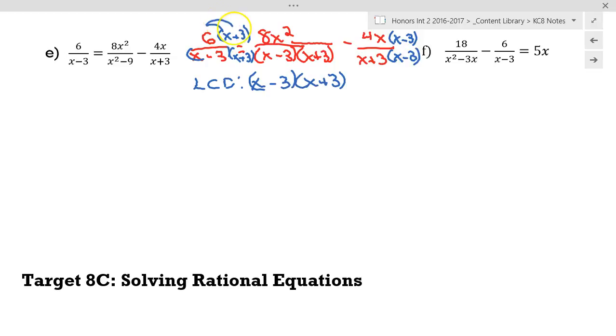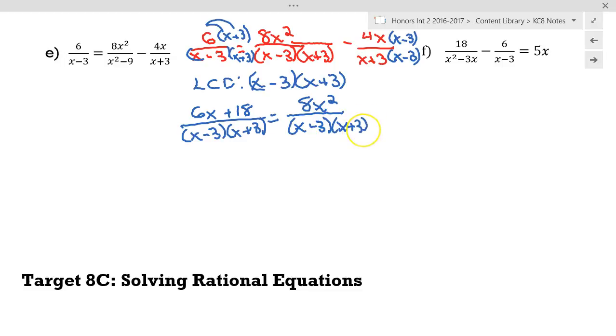So once I distribute, I have 6x plus 18 over x minus 3, x plus 3 equals 8x squared over x minus 3, x plus 3 minus, again distributing, I get 4x squared minus 12x all over x minus 3, x plus 3.